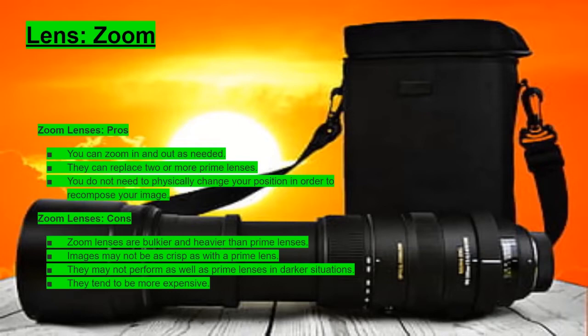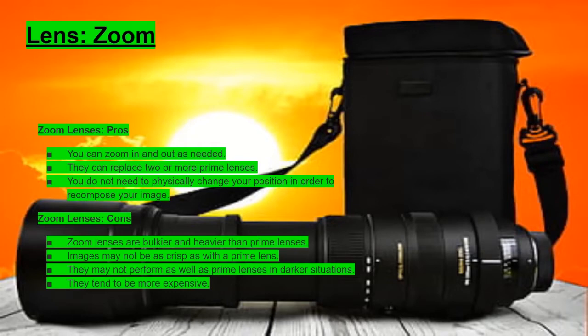So they are fantastic. But the cons are, they are a lot bulkier, and a lot heavier than any of the prime lenses. So the images may not be as crisp and sharp as they would be with the prime lens. So if, let's say, I have an 18 to 100 zoom, and I want to shoot a 70 millimeter shot, a 70 millimeter prime lens would do a whole lot better than a variable zoom lens would do at 70 millimeters.